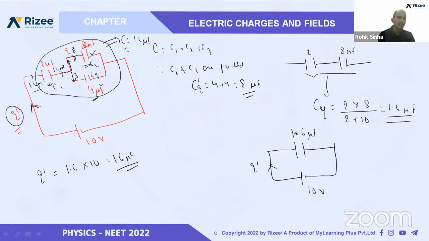So the charge flow on this side will be 8 microcoulomb and on this side 8 microcoulomb. Our answer will be Q is equal to 8 microcoulomb. Now is our problem clear? Got it? Still having a problem? Please discuss here.